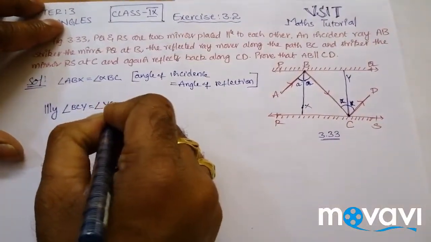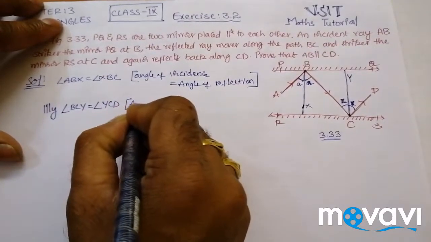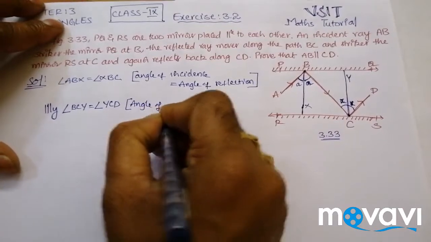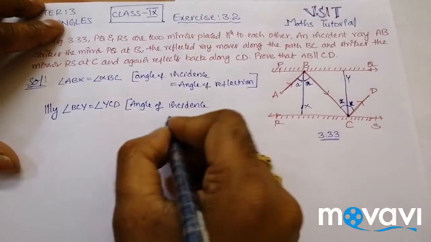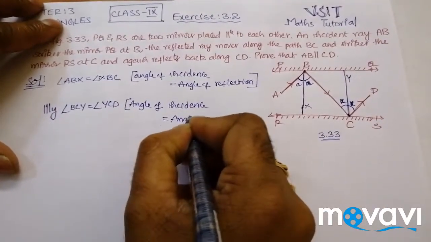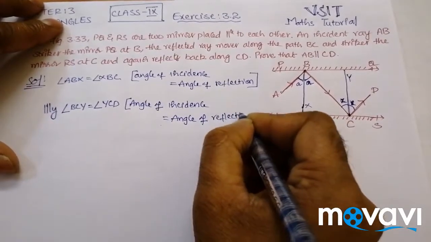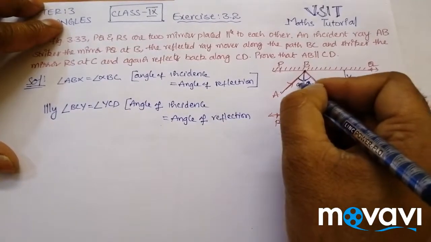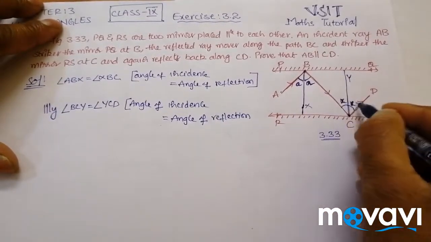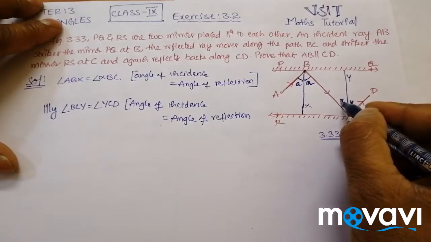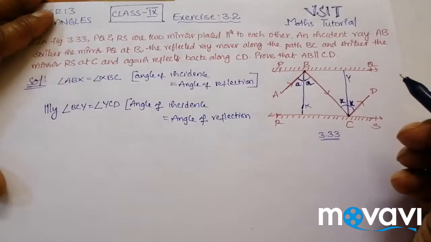The reason is the same: angle of incidence is equal to angle of reflection. Since these two are equal, I consider this as A and this also A. And here these two are the same and I consider this as X. So here both are X and here both are A.